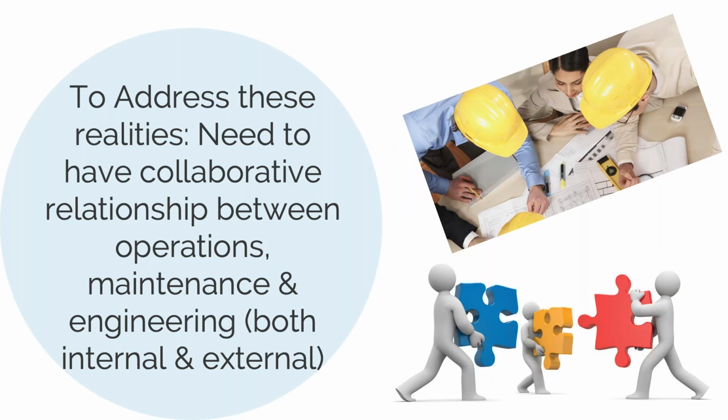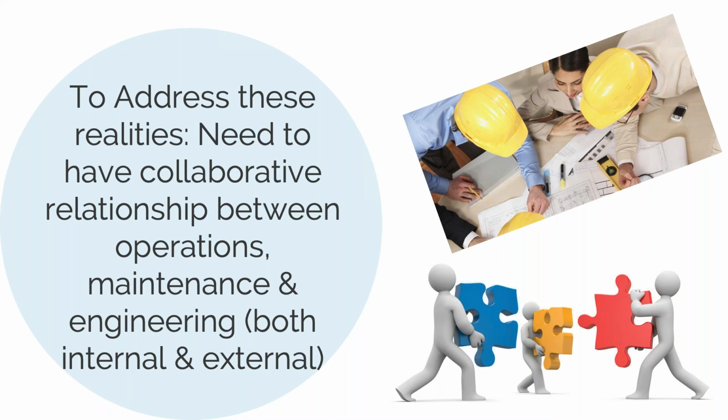So to address these realities, we really want to have a collaborative relationship between our operations, maintenance, and engineering, both internally, if you have any engineers on your staff, and many of you may not, but if you do have any engineers that are internal to your system, you want to make sure that they're working together with operations and maintenance.